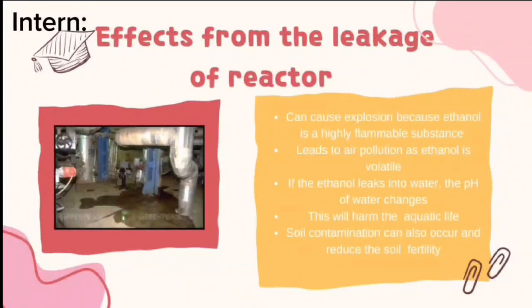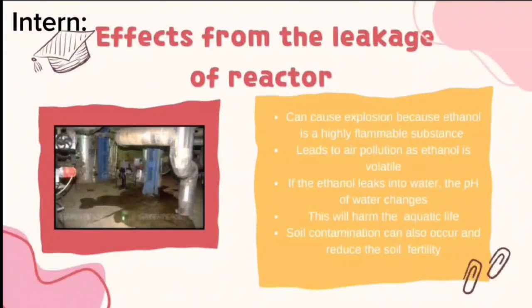Thirdly, ethanol can also harm aquatic life, because if the ethanol leaks into water, the pH of the water changes. When ethanol leaks into water, microorganisms break it down. This process produces organic acids such as acetic acid. This makes the water acidic as the pH is lowered, and this pH is not suitable for aquatic life.